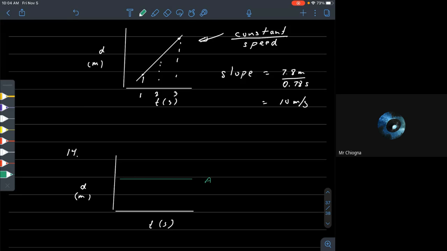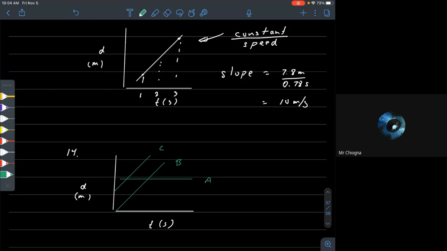That's A. B. And then C is parallel to B.